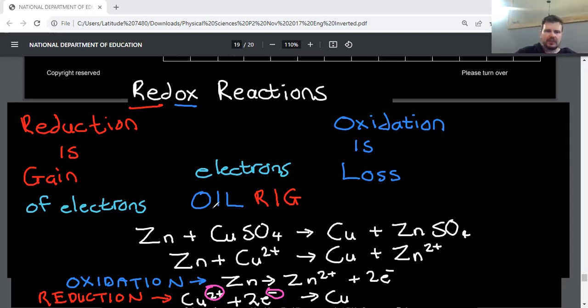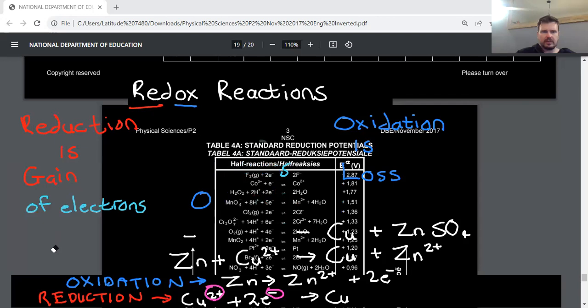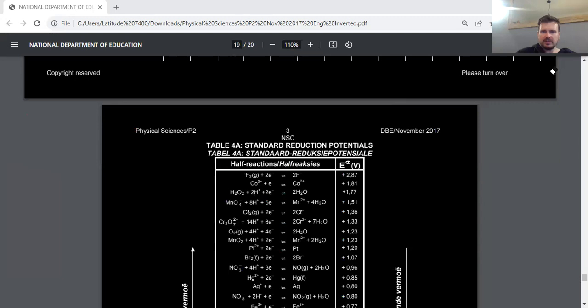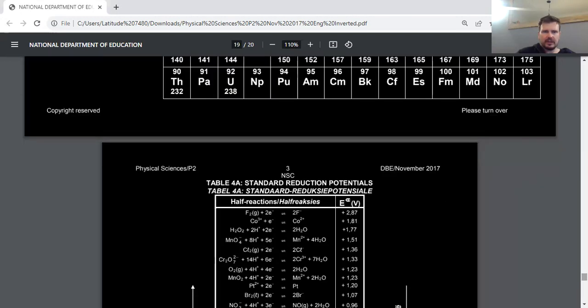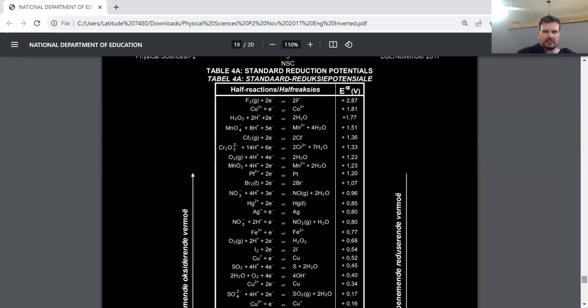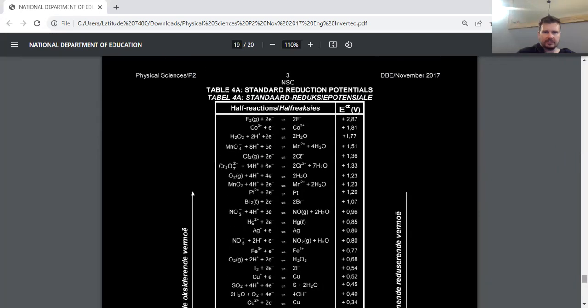So redox is a reaction where electrons are transferred from one substance to another. In this situation, we knew exactly what was reduced and what was oxidised. But let's say we didn't know. This is where we get to our half reaction table. This is a past paper, and you'll probably get given a sheet separate from this.